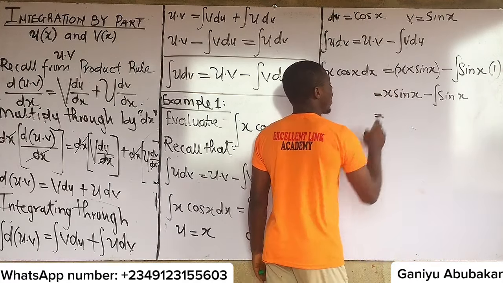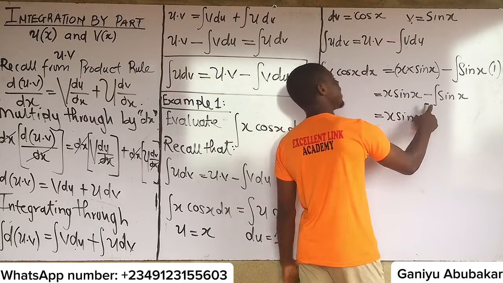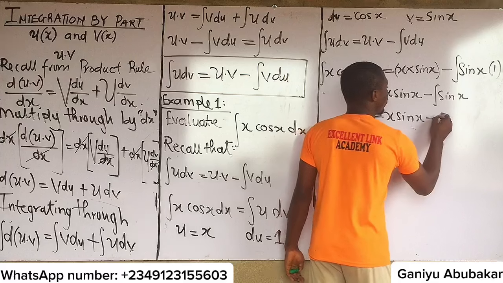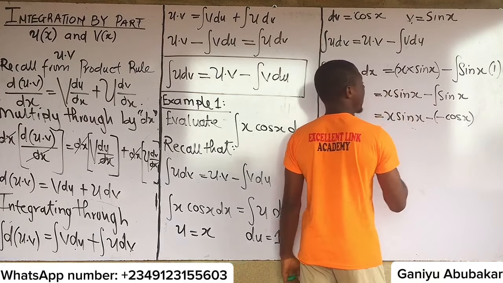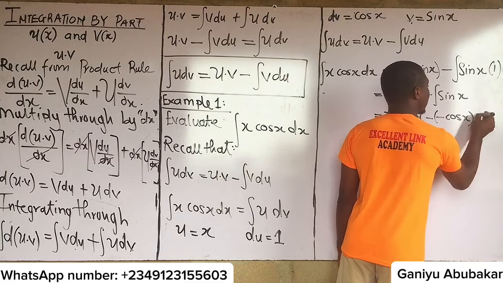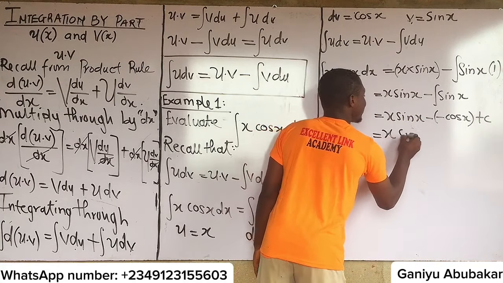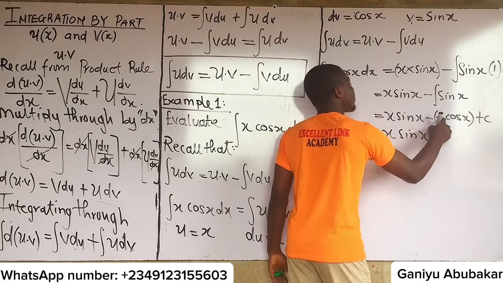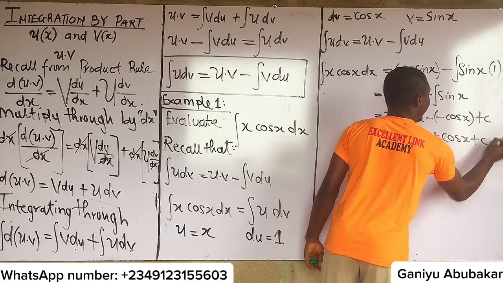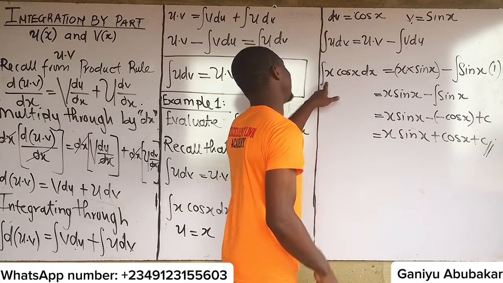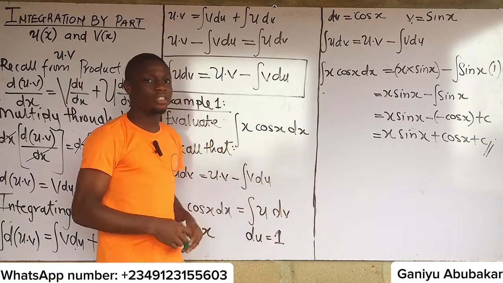To simplify, I'll have x sine x minus, if I integrate sine x, I'll have minus cos x. Then, plus c. It means x sine x plus cos x plus c is my answer after integrating x cos x with respect to x. This is my answer here, as you can see.